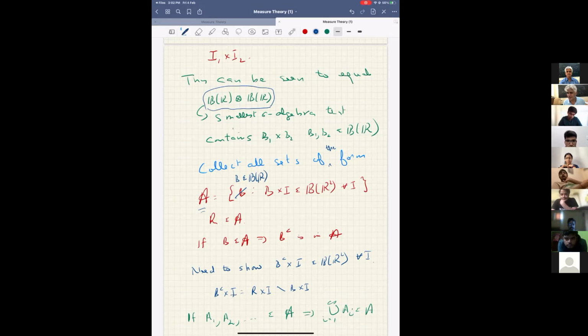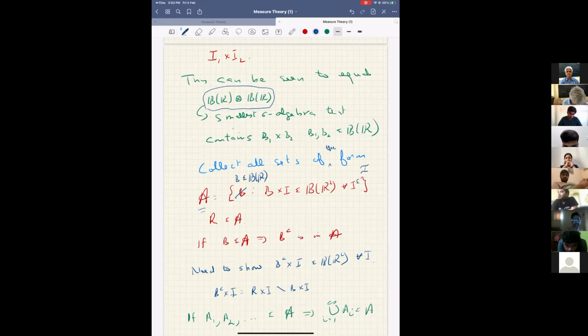I've not thought that through, so let's just keep it simple by keeping it this way. So A is all B in the Borel sigma algebra of R, so that B cross I is in B(R) square for all intervals I, all I belonging to calligraphic I.